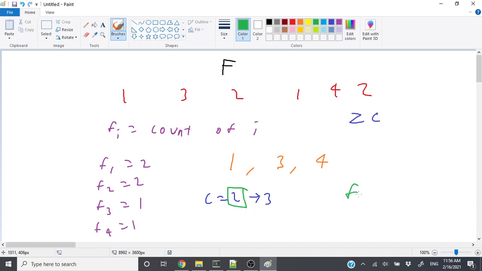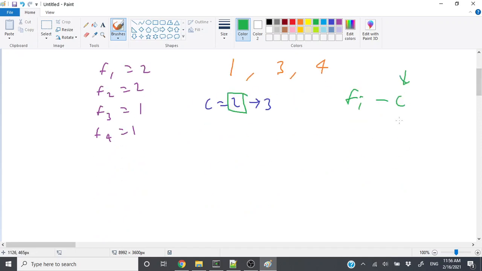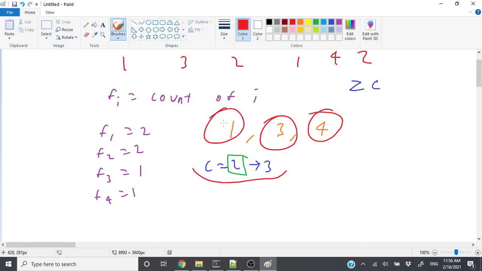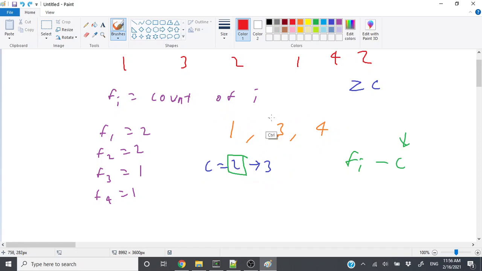And since every element that involves c will subtract it, increasing c will decrease the answer, which is what we want. So if there's a valid c that's not equal to an original frequency in the array, then we can increase it to an original frequency and have just as good an answer. Meaning that the only values of c we need to try are those that are original frequencies.